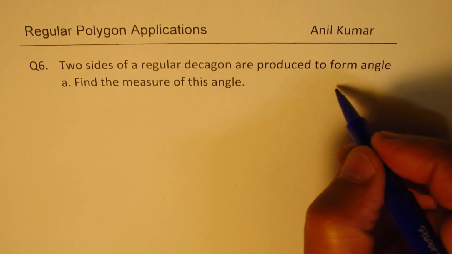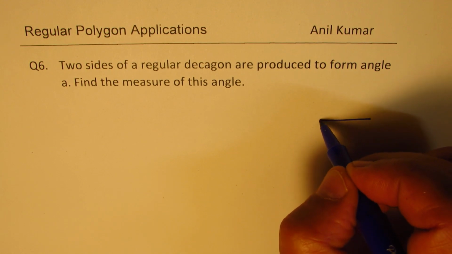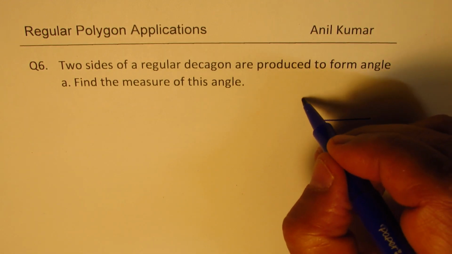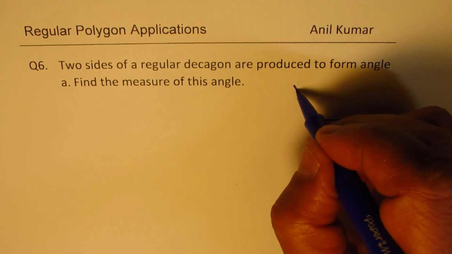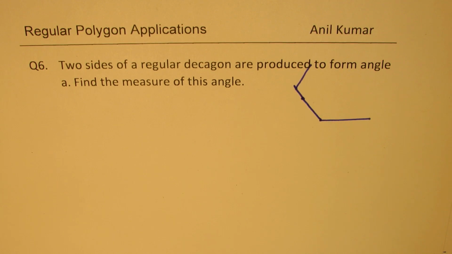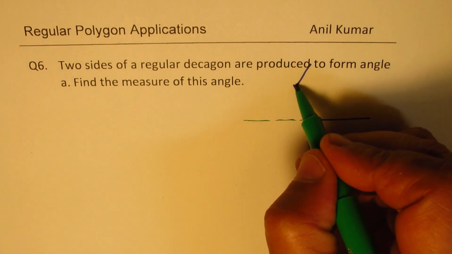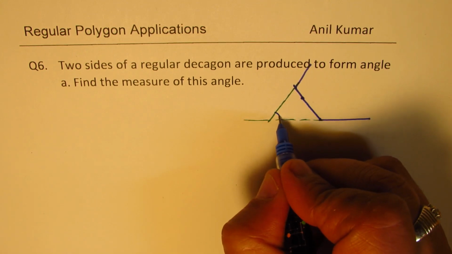So think like this, that we have one side like this, right, and the other side, decagon means 10, like this. Something like this, right? So all angles are equal, all sides are of equal length. Is it okay? So when you extend them, then the angle which you get is angle A.